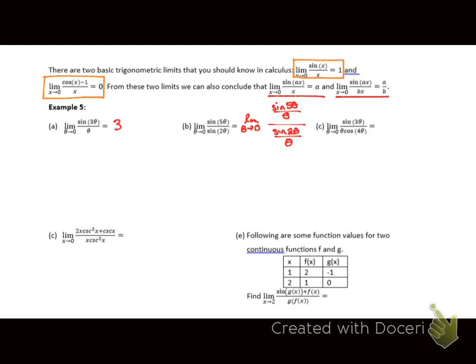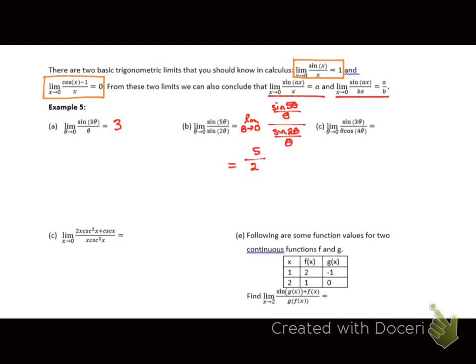So because I divided the top by theta, I'm allowed to divide the bottom by theta. And now I can just use that same attribute of the limit that we know and plug it in. So if I have sine of 5 theta over theta, I really just have 5. That limit is 5. And the limit as theta approaches 0 of sine of 2 theta over theta is 2. So that's the answer.